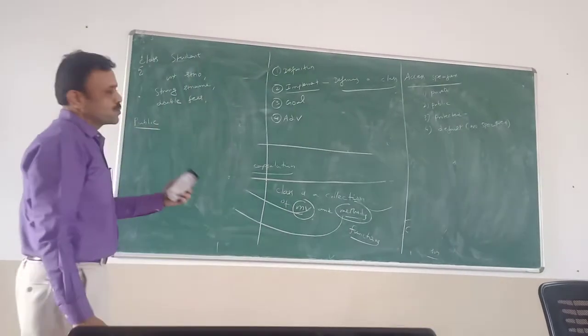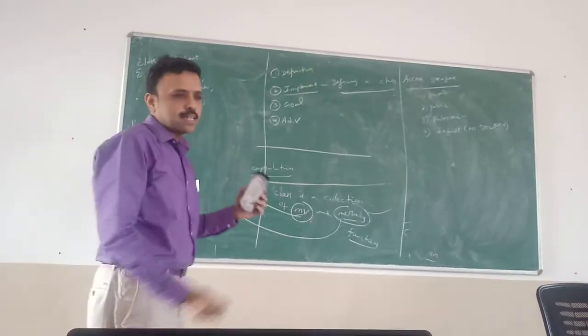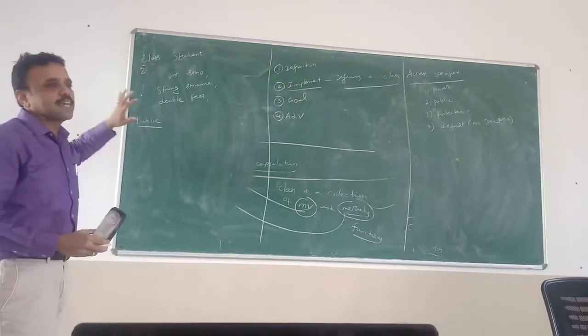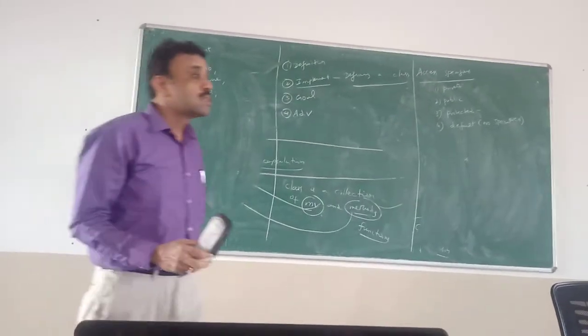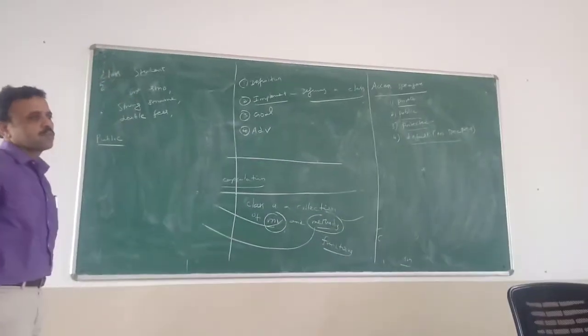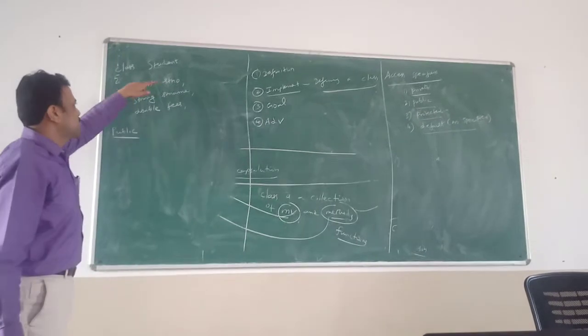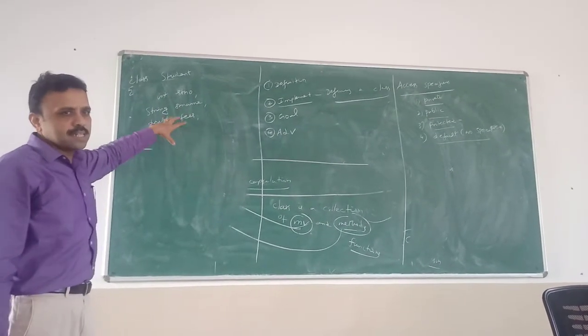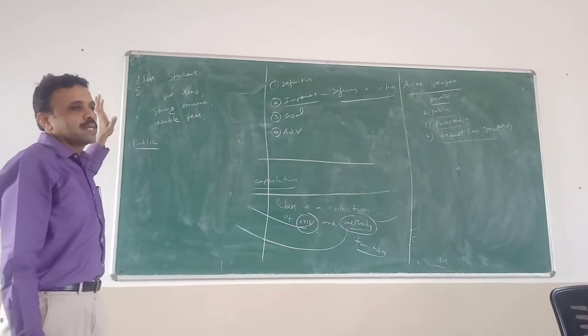So private means what? Private access specifier indicates the members of the class can be accessed only from inside the class. It is not possible to access from outside the class.